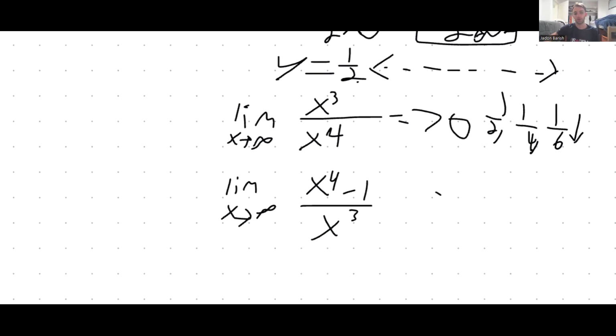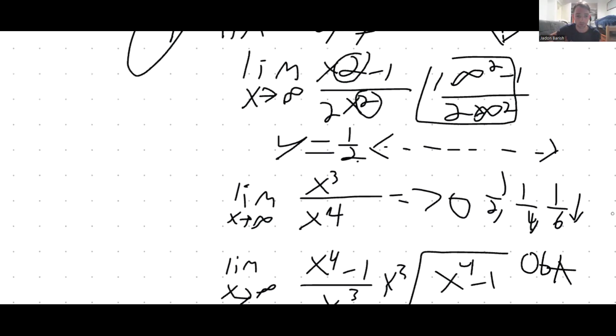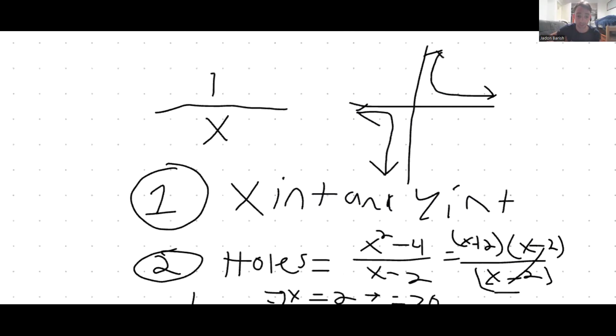And that is a whole other technique that I will go into in a separate video, probably right after this one as like an appendage. I probably should have done it before this video. That's my fault, but I will do it afterwards. It's my next topic. But this is essentially what you would have to do if you want to get something called an oblique asymptote, which is an OBA, or an EBA, end behavior asymptote. Same idea. But these are the four components to how you draw any rational function essentially.